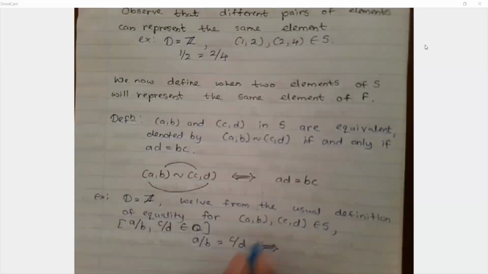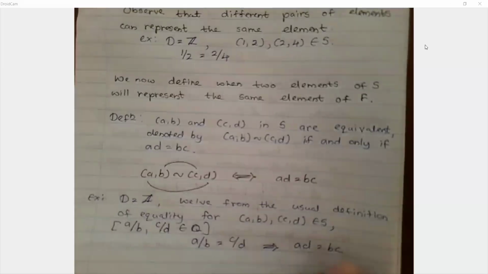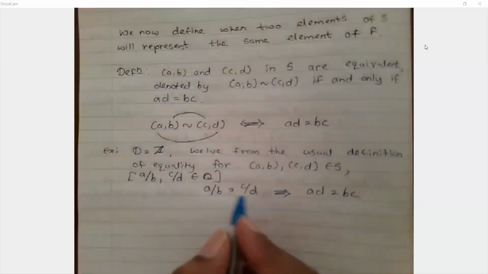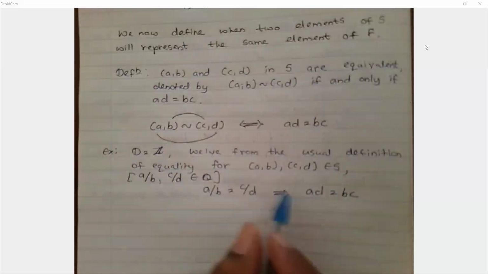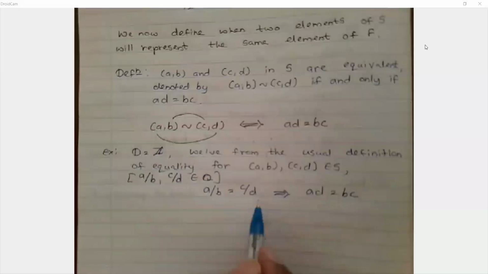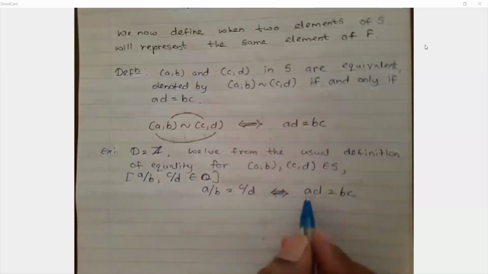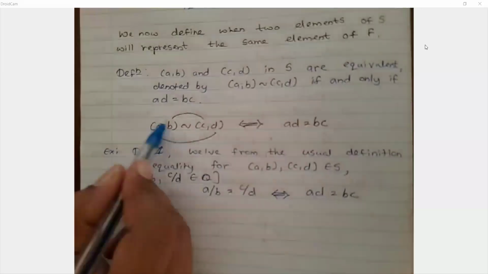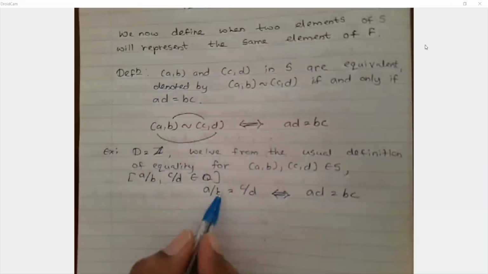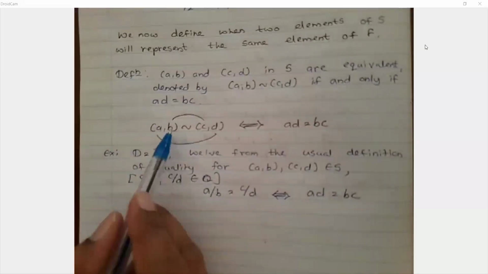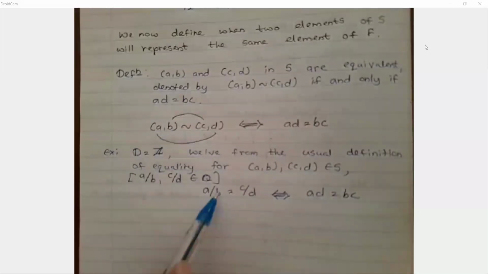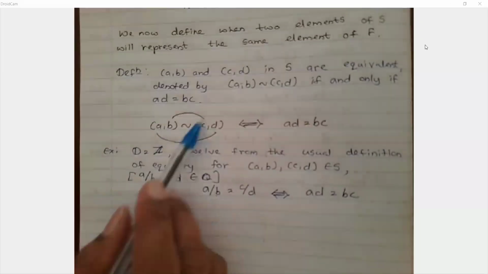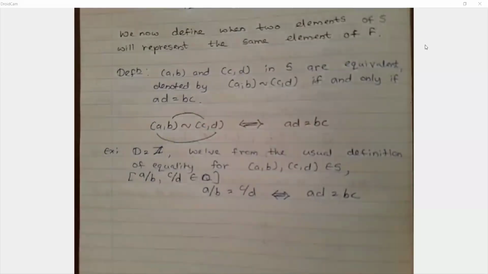When you cross multiply, AD equals BC, the same thing that you see over here. So two quotients are equal, that is A over B is equal to C over D, if and only if AD is equal to BC. This pair is representing A over B in Q. This pair is representing C over D in Q. So it's basically the same thing.